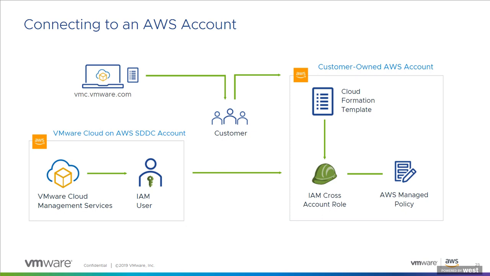As far as connecting to an AWS account is concerned, we basically run a CloudFormation template, and this automates that process. And this links your VMC SDDC to your native AWS account. It creates basically an IAM cross-account role with a managed policy that's attached to it. And we use this to make API calls into the native AWS account.